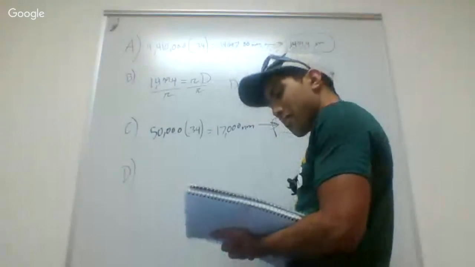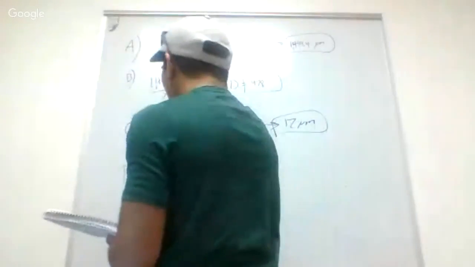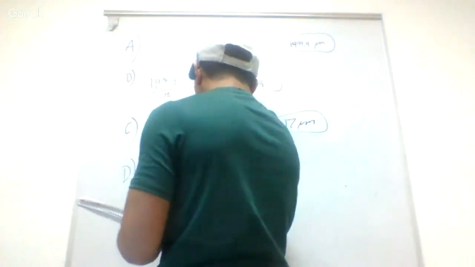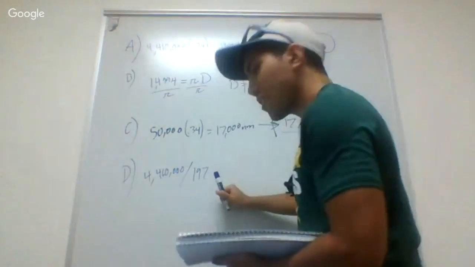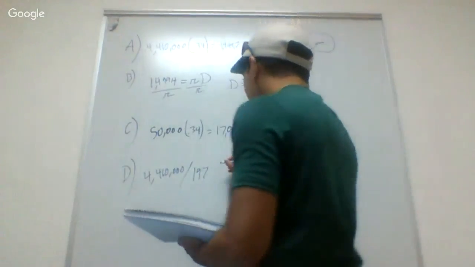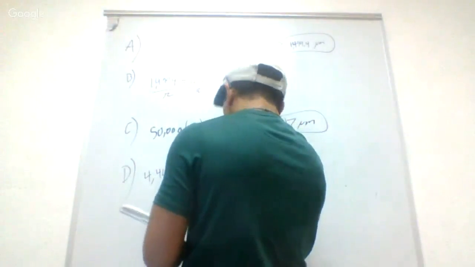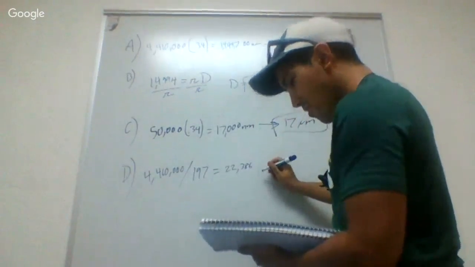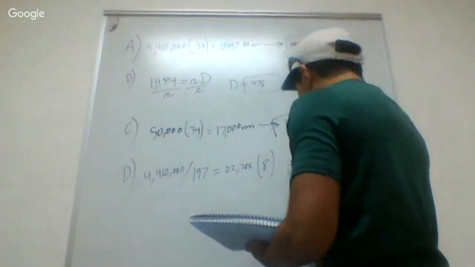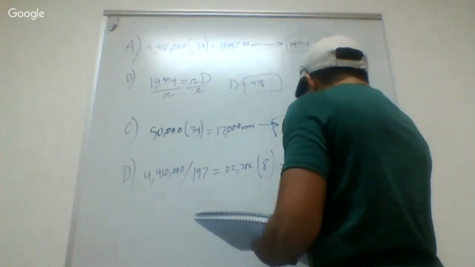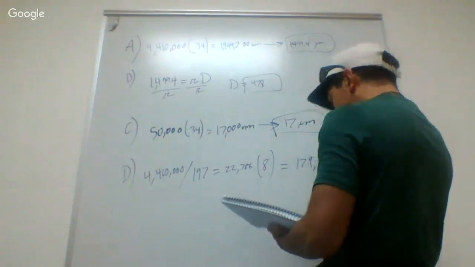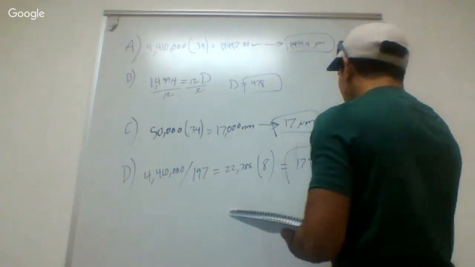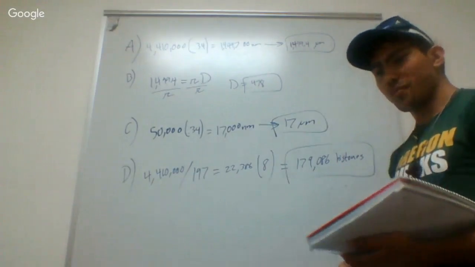So for the microscopic chromosome, we take our original count, 4,410,000, and then we divide that by the 197 base pair thing that we saw in question 3. That gives us 22,386. However, now we want to find out how many histones we have, so we multiply this by 8, which gives us 179,086 histones. And that's all she wrote for number 4.